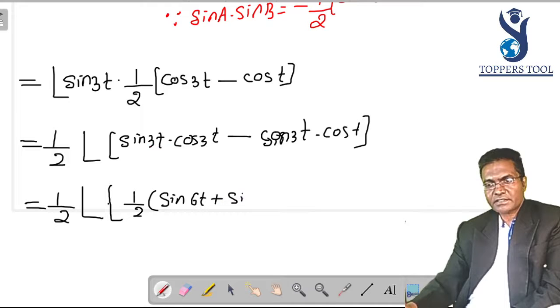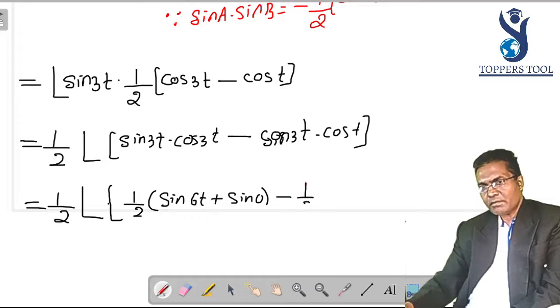Sine 0 you will get. Minus 1 by 2, same thing. 3t plus t is 4t.